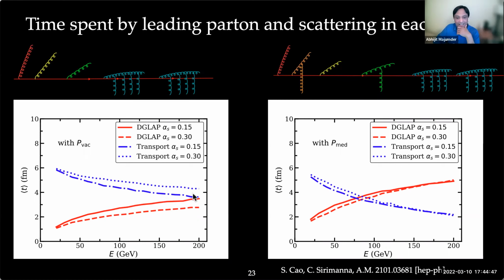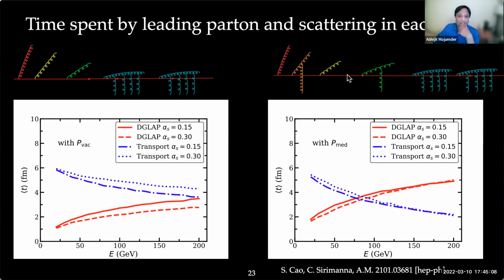But as you increase the energy, they end up spending comparable amounts of time in both these phases. Okay, so you can see this is the time in Fermi. A 200 GeV parton would almost spend half of its time in the DGLAP phase if you estimated this using vacuum splittings.